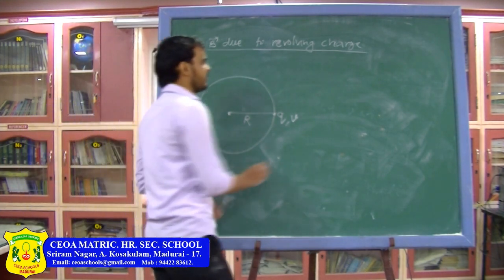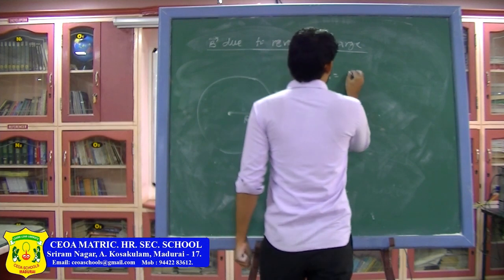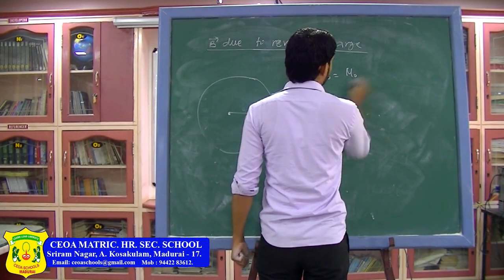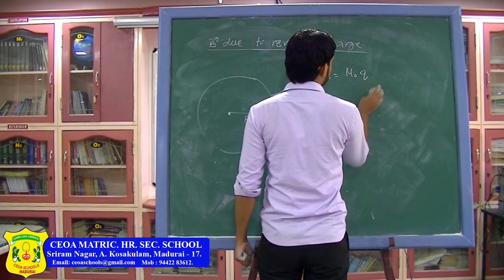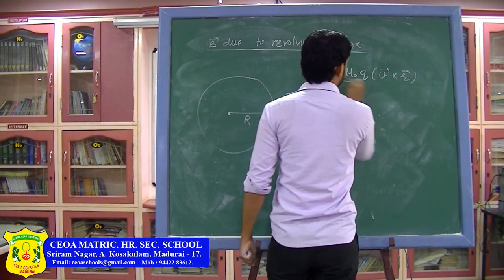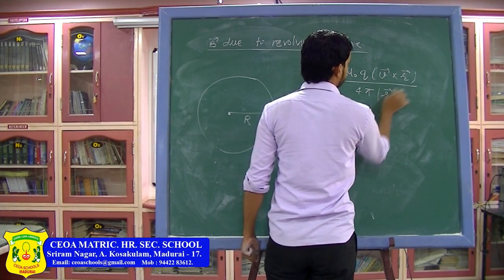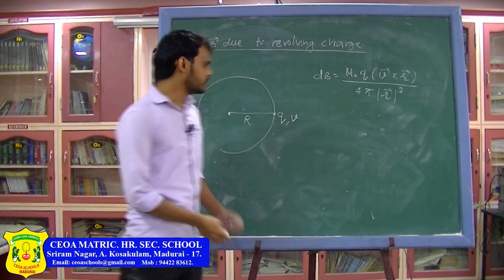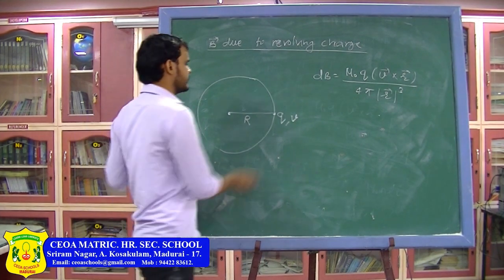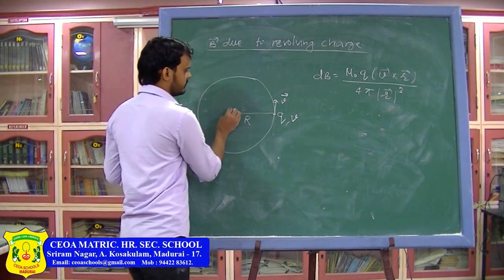So as you know, the magnetic field can be written as mu naught. If you see here, the direction of velocity will be in this direction and the position vector of the point will be this.